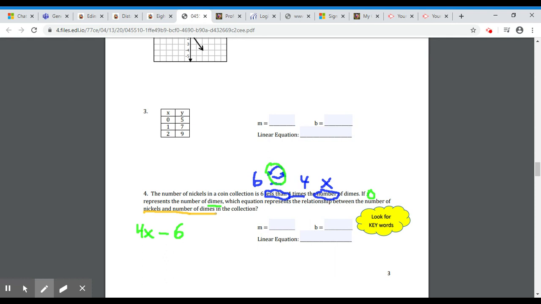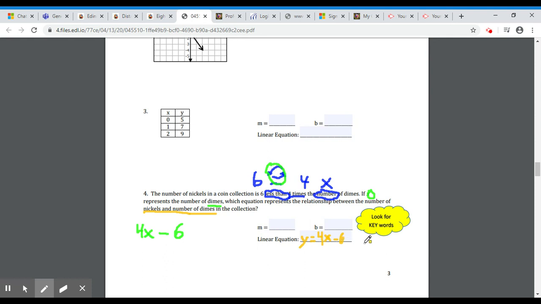This is what I have. Here's my linear equation. So I'm going to write that out right here. y equals 4x minus 6.